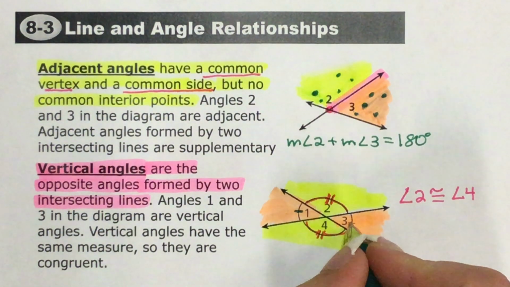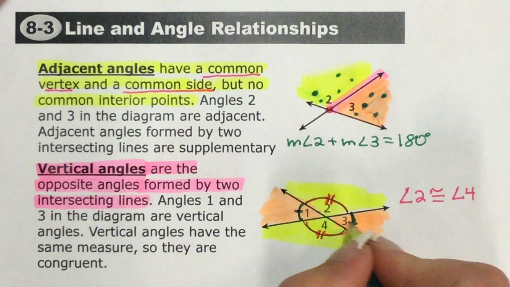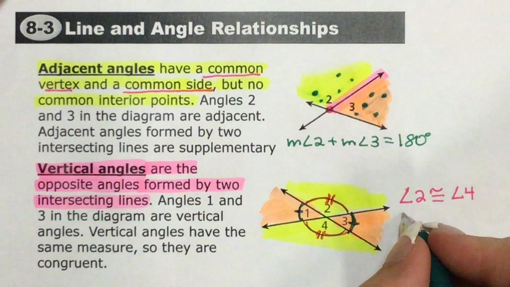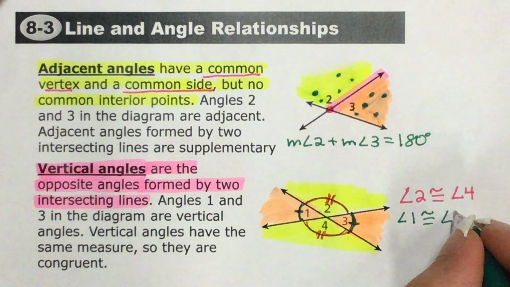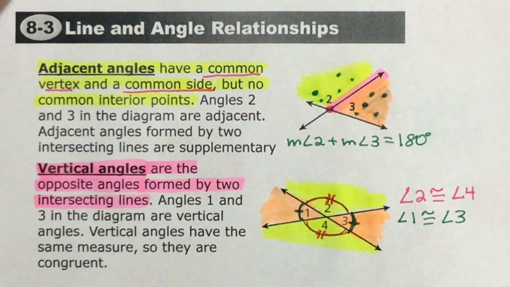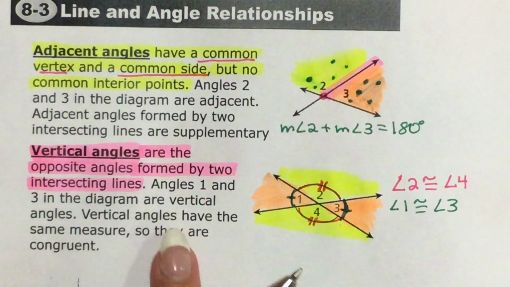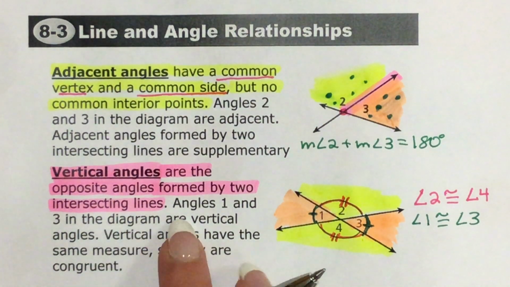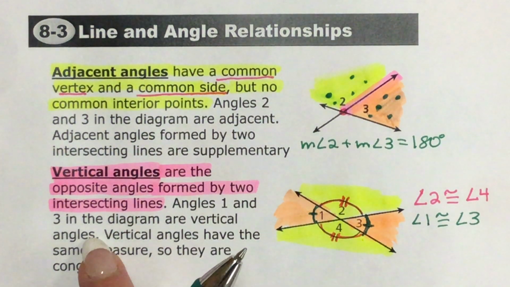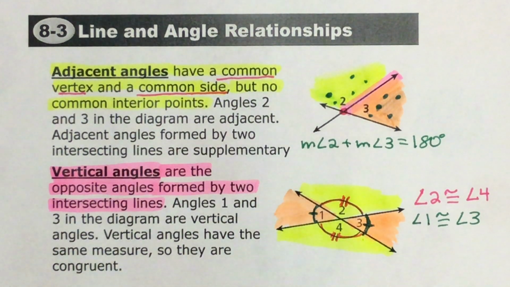There's one tick mark right there and right there, which means we can write and say that angle 1 is congruent to angle 3. Isn't that cool? I love vertical angles, okay? So this states that angle 1 and angle 3 in the diagram are vertical angles. Vertical angles have the same measure, so they are congruent.